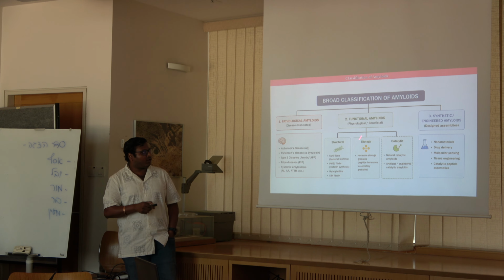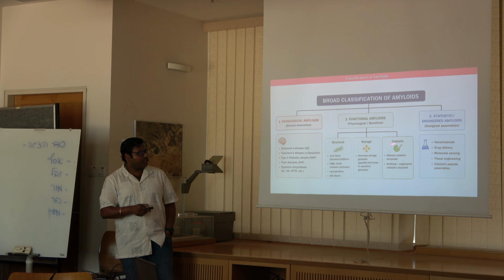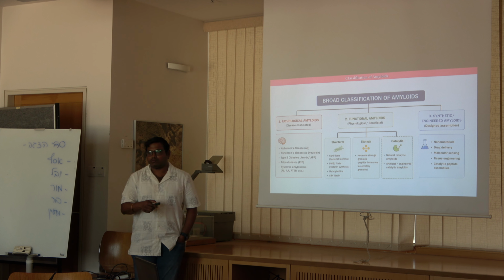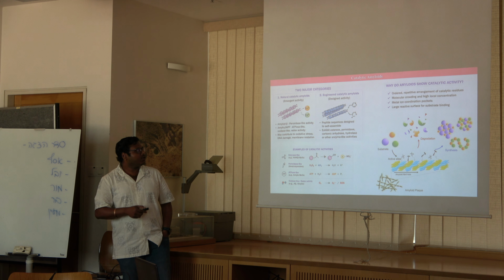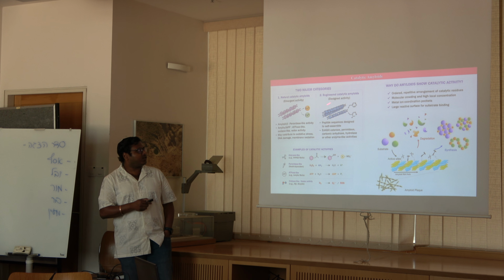The functional amyloids can be structural, they can form different structures and do different functions. They can be for storage, and other applications. These are the ones I am interested in, the catalytic amyloids, and we can also synthesize or engineer amyloids depending upon the sequence of the polypeptides. Even the catalytic amyloids can be categorized.